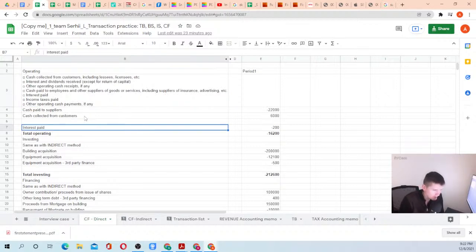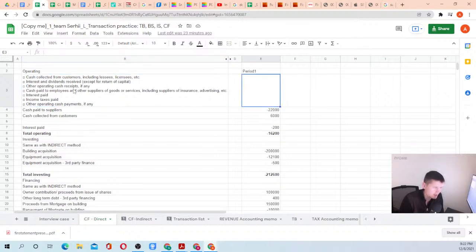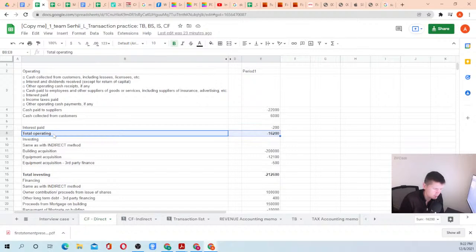Let me know if you have any questions concerning the direct or indirect method of cash flow presentation. Basically these are two different methods, but they should result in the same total operating cash flow.